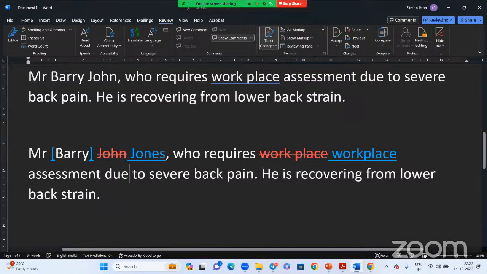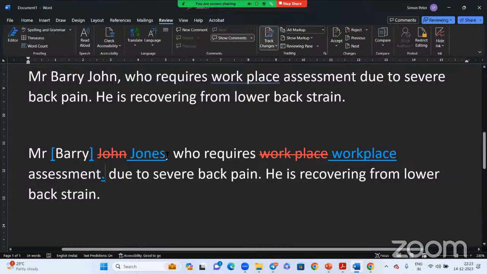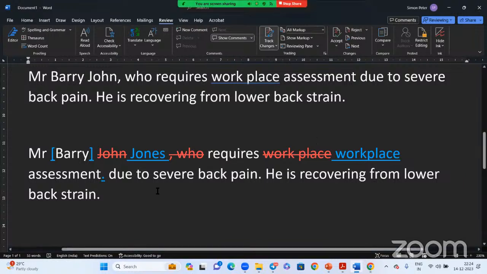Okay. Mr. Jones requires workplace assessment. So a comma is not needed here for this particular sentence which you have written. Mr. Jones requires workplace assessment. That's it. Now, due to severe back pain.